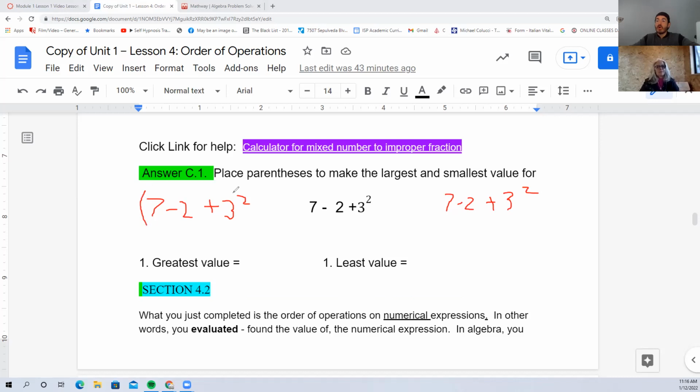We can put them around all the numbers. We can put them around the first 2 numbers, which wouldn't change the value much, I don't suspect. We can put them around the second 2 numbers. I see one more option now that I think about it. Put it to the left of the negative sign.